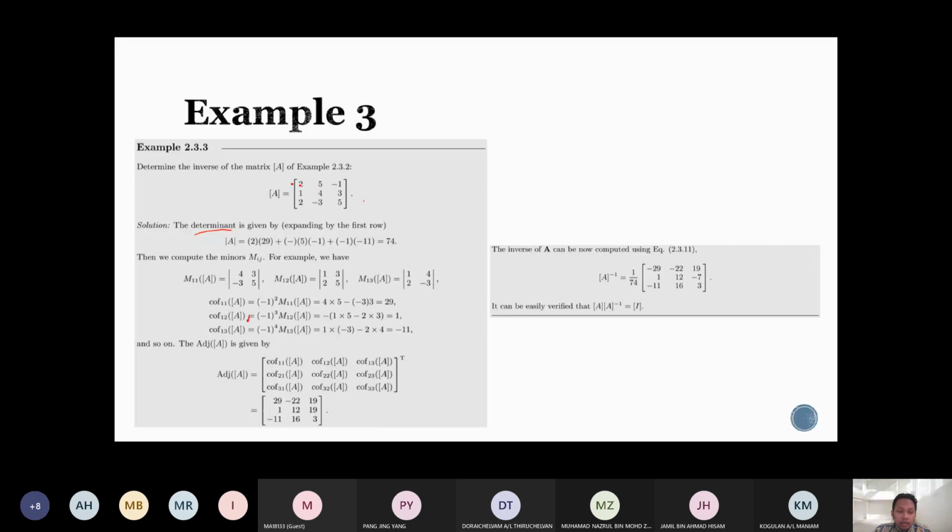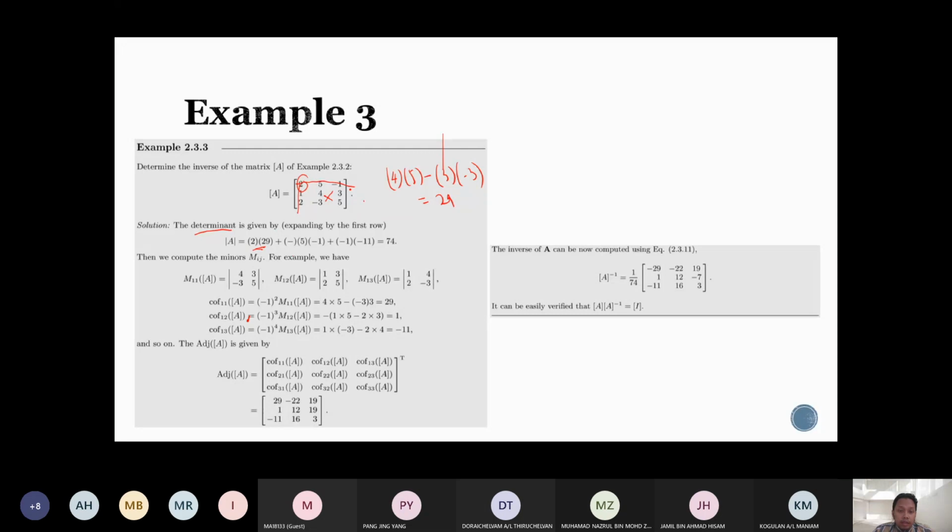To get this value, basically tutup ni and then cross multiply this. So 4 times 5, 20, minus 3 times minus 3. So we get 29, times 2.